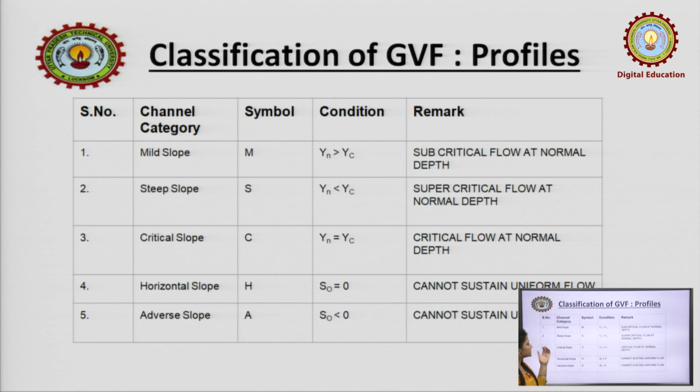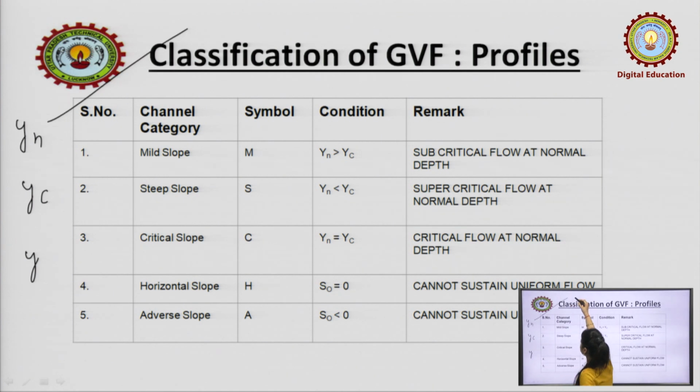Before moving towards all these slopes, we will revise what we studied in our previous lecture: normal depth, critical depth and depth at any section. I will remind you once again what normal depth Yn is, what Yc is and what y is.